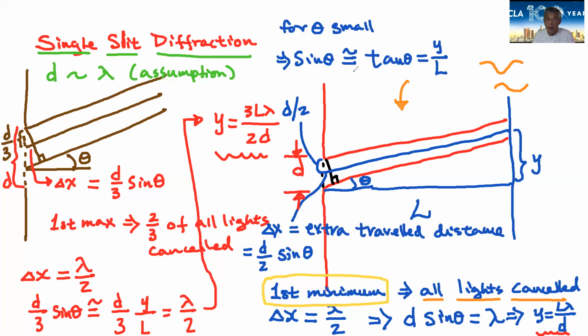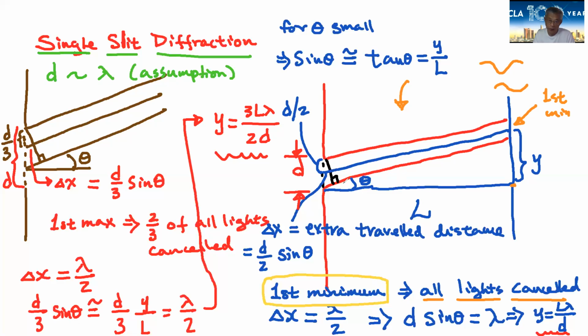Then we look at this distance L between the screen and the opening. This is L, and this is Y, where the first minimum is, measured from the center. Y divided by L is tangent theta.